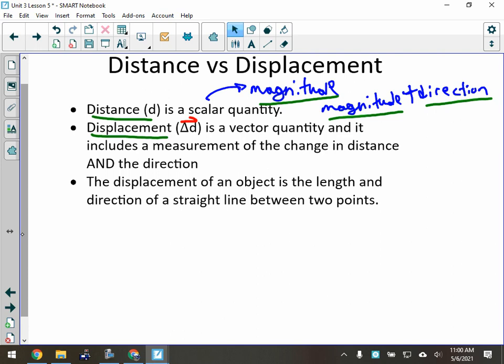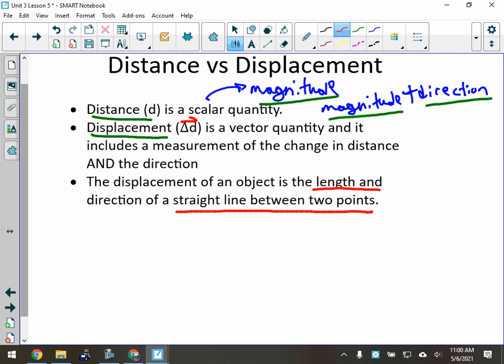Distance is basically, like I said, just a number. Displacement is a number and a direction. Okay. Always think of it this way. Displacement is the length and direction of a straight line between 2 points.